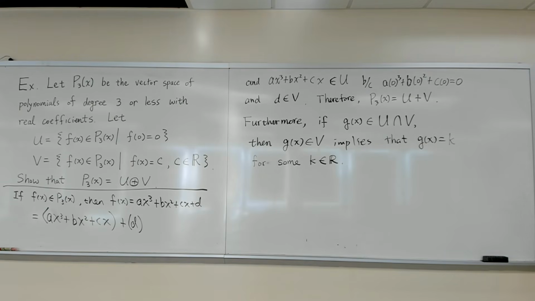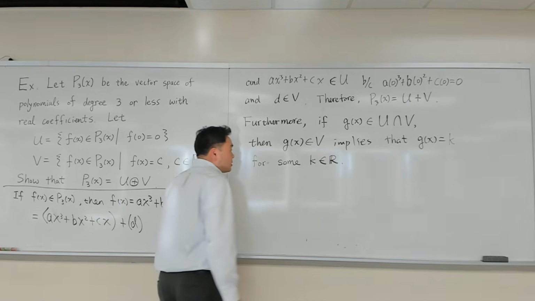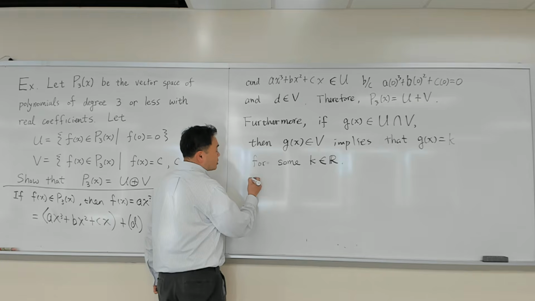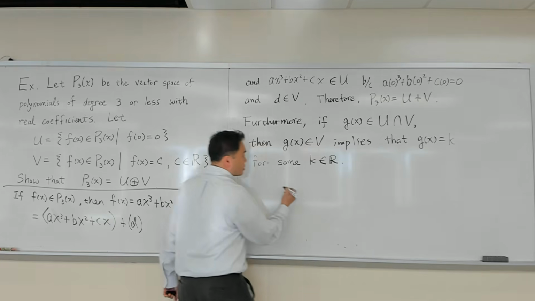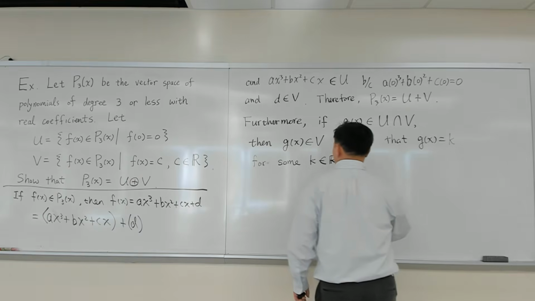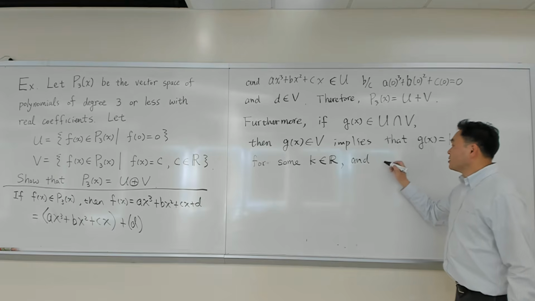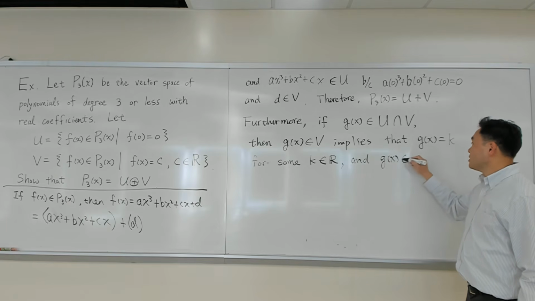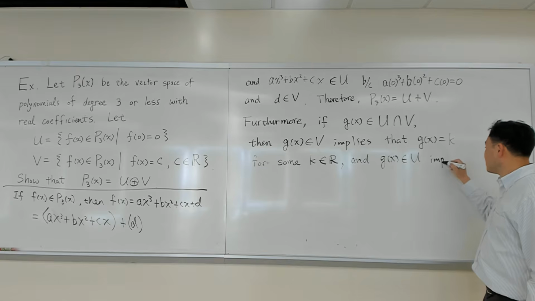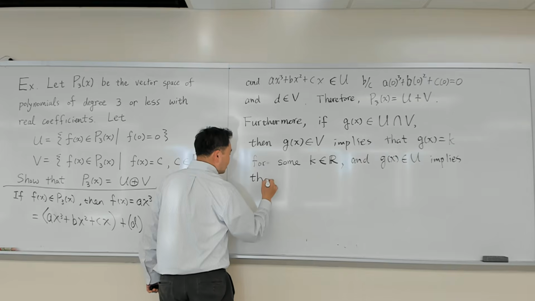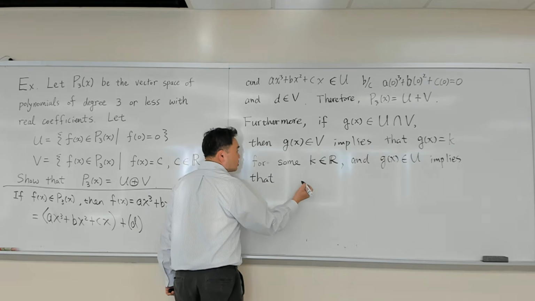Okay, so g of x in V implies that g of x equals k for some k in R. Okay, good. But then, g of x in U implies that, what's g of 0 now?